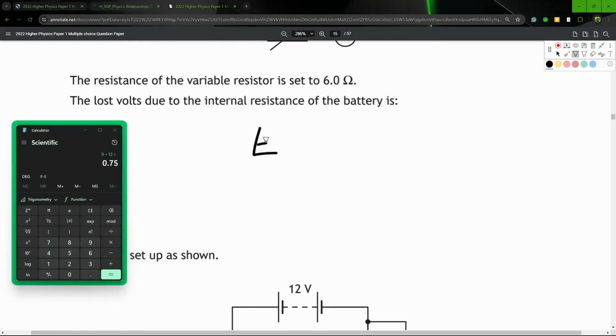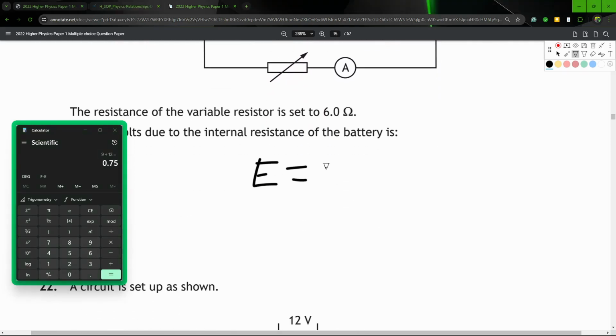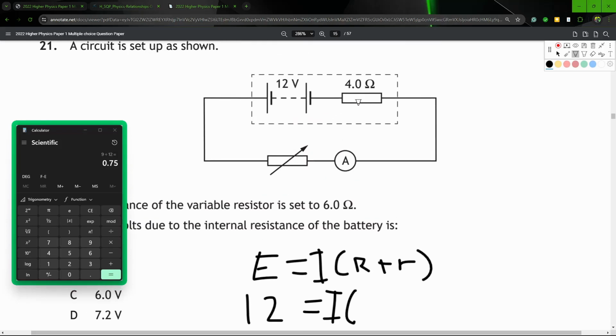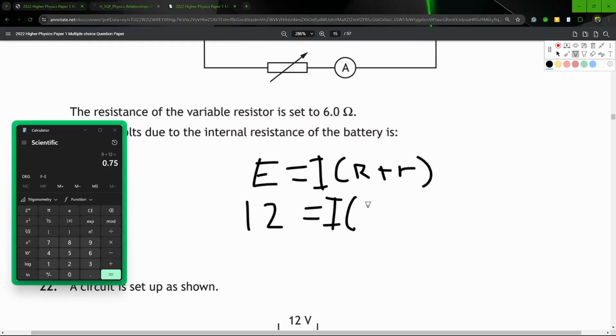So what I'm going to do is go E equals I times (R plus r). E in this case is 12. And then I, we don't know. We'll calculate that. But we do know it's 4 ohms and then it's 6 ohms.